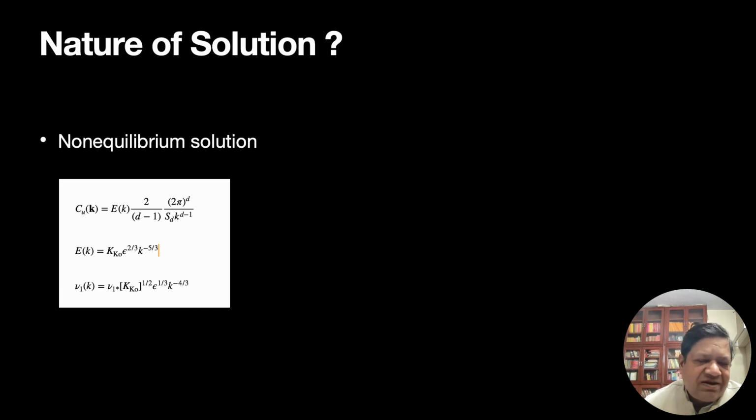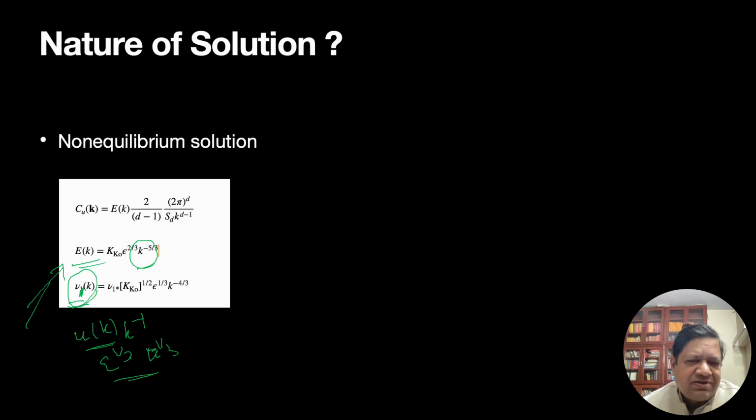One is this 5/3 solution, for the energy spectrum we get k to the minus 5/3. Ignoring the viscosity for now, from here we can derive what nu of k is. It has dimensions of velocity scale, u of k, times length, k inverse. And in Kolmogorov theory, this is epsilon to the 1/3, k to the minus 1/3.